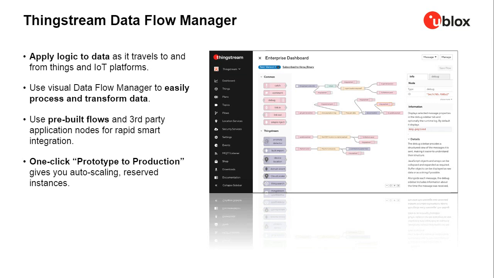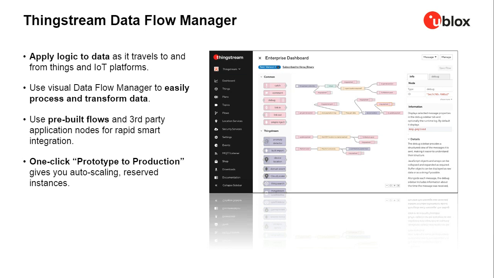The data flow manager makes it easy to process and transform data. And with that, you can apply logic to data as it travels from devices to platforms. For example, you can apply conditional if this then that style logic, for which there are ready-made modules for you to do that. Or you can even write small programs within the flow to manage or process the data.